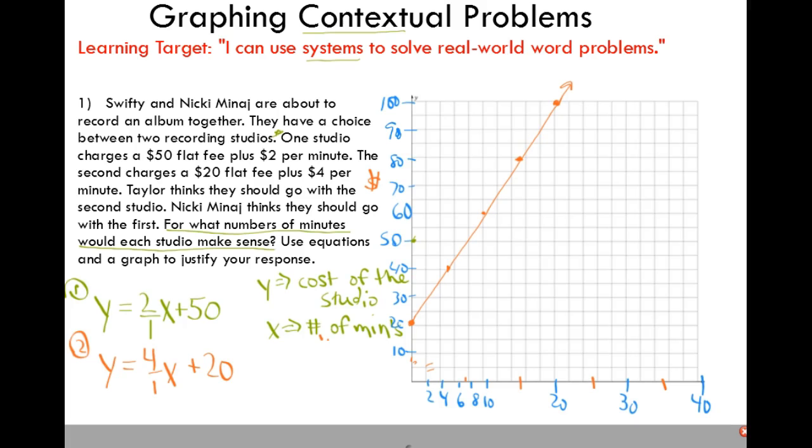And then we're going to do the green line. Hopefully this will go smoothly as well. I'm going to go every 5 minutes again, and we said every 5 minutes was $10. So starting at 50, 5 minutes will meet up with this dot right there. Every 5 minutes is another 10.